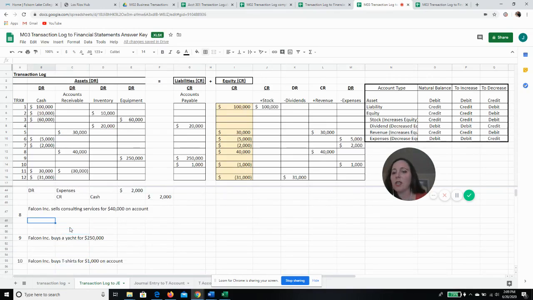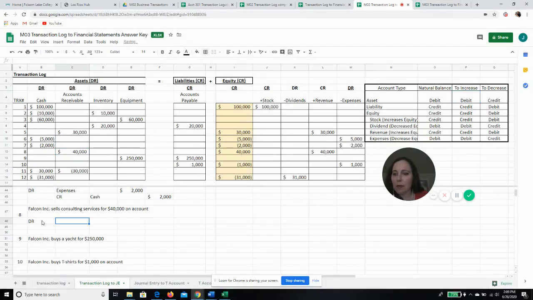All right, transaction 8, we're going to sell consulting services for $40,000 on account. So I look at transaction 8, I increased accounts receivable and I increased revenue. So accounts receivable is an asset and I increase it with a debit. So I am going to debit accounts receivable for $40,000.